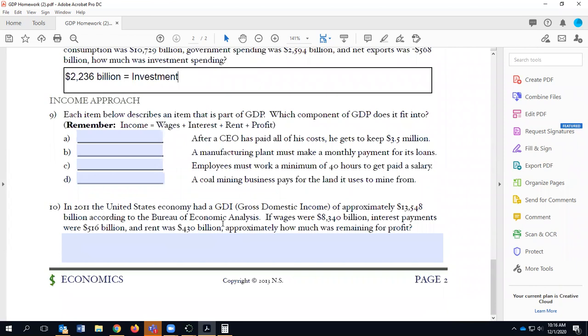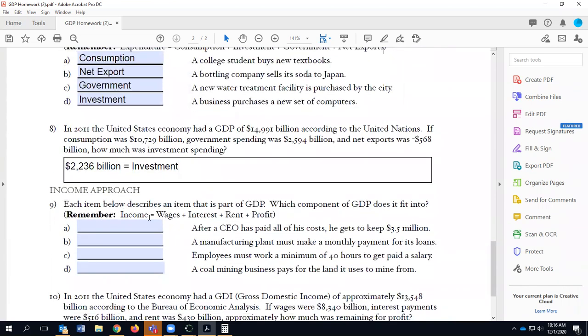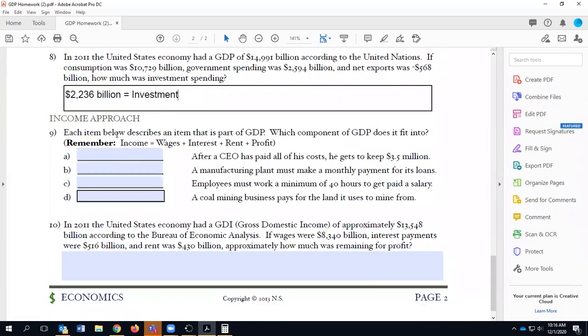All right, number 9 and 10. This is going to be the same process, except we're looking at a different formula. Each item below describes an item that is part of the GDP. Which component of GDP does it fit into?